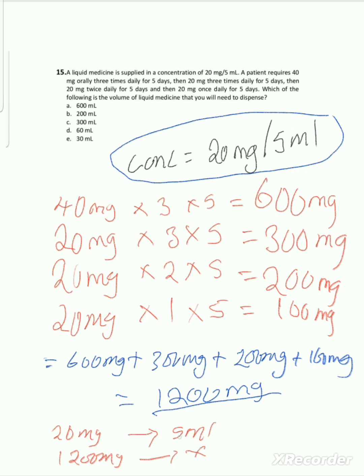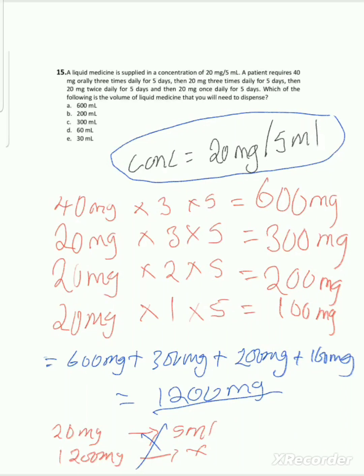So I'm just going to cross multiply: X times 20. We have said 20X is equal to 1200 times 5.